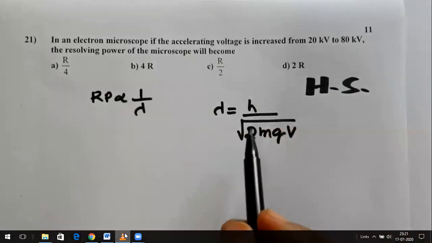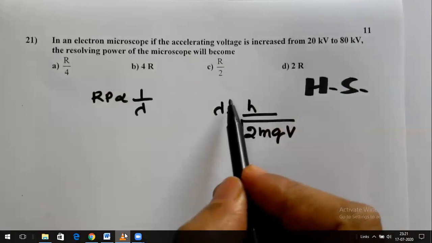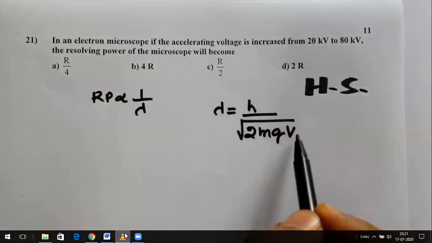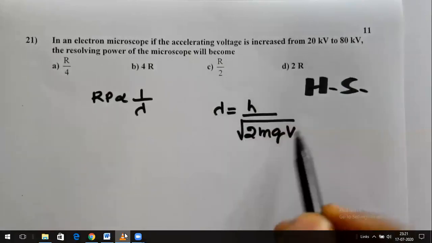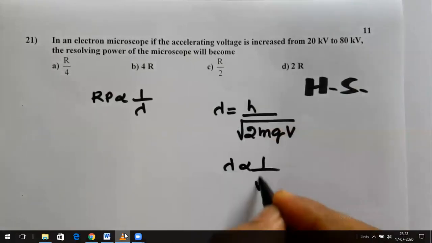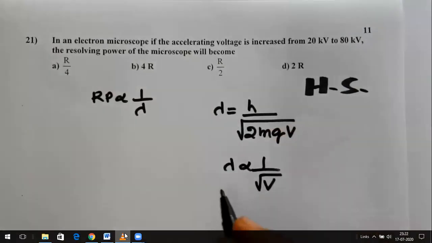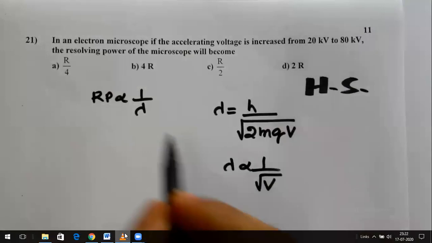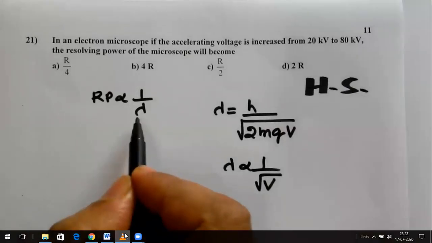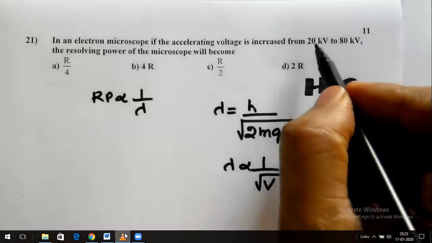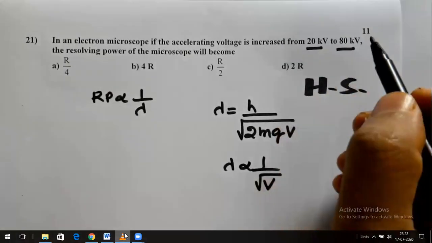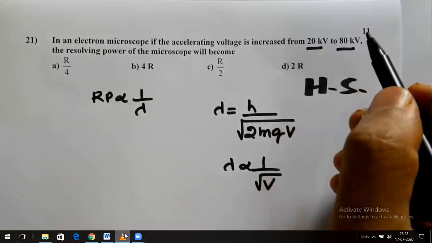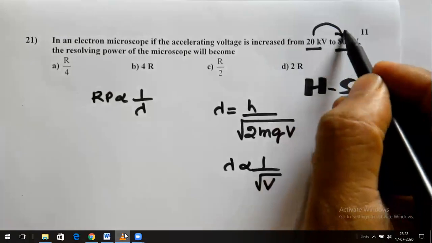Now, we have to get the relation between increased potential and the resolving power. So here is the connection. De Broglie wavelength is inversely proportional to square root of accelerating potential, and resolving power is inversely proportional to wavelength. Now here, if you note it, the accelerating voltage is made 4 times the initial value.